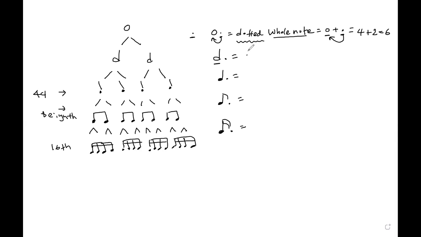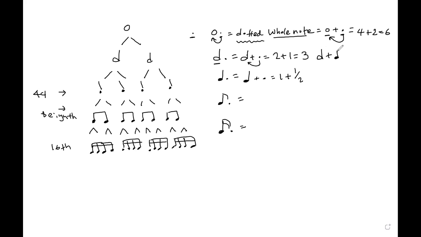This one, half note plus dot. Half note is 2 beats, right? Half of the value of the half note is 1 quarter. So the value is 3. Quarter note plus dot, 1 plus half, right? So it's going to be like this.